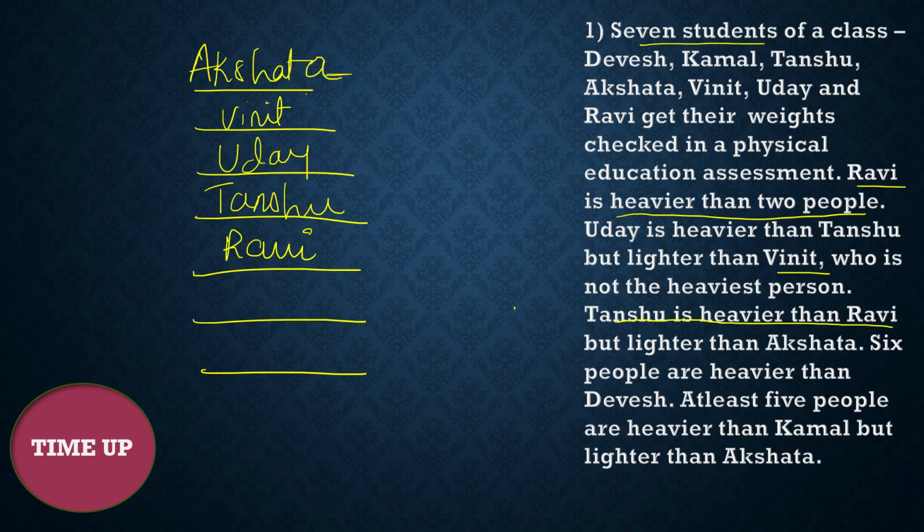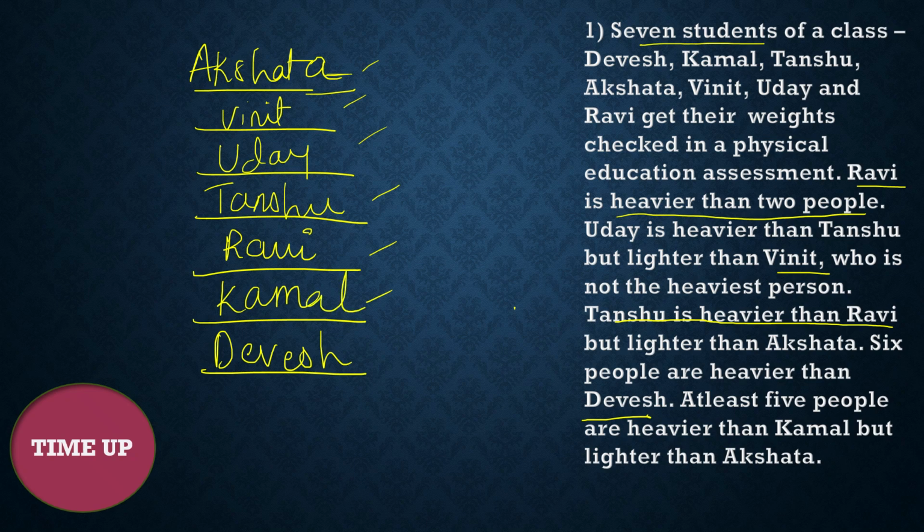Because Tanshu is heavier than Ravi but lighter than Akshata. 6 people are heavier than Divesh. 1, 2, 3, 4, 5, 6. 6 people are heavier than Divesh, they have said. So Divesh will be here. So one name is left. What is that? Kamal. So Kamal will be placed here.